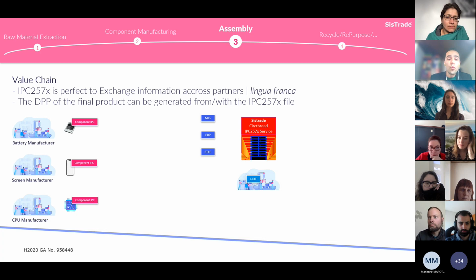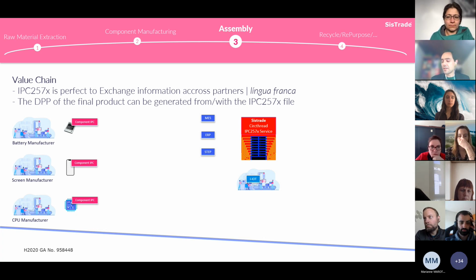The thing is that with the IPC we can have all that information shipped with the final product so that the user can analyze, let's say, the main things: how much CO2 this smartphone produced in its manufacturing, or what the materials are, if the materials are secondary raw materials or not.